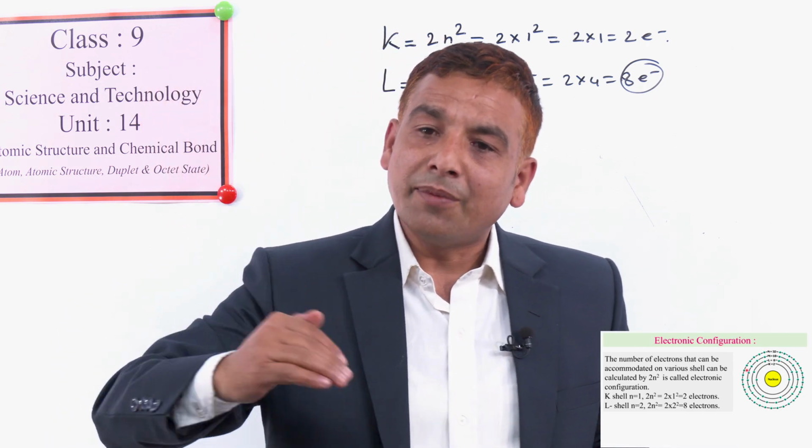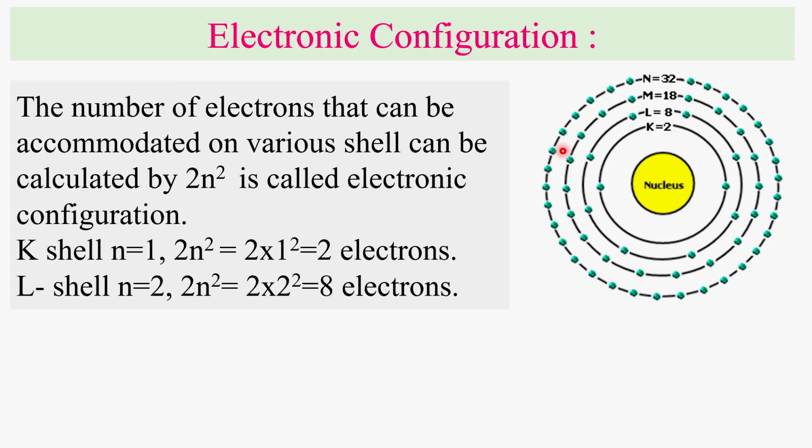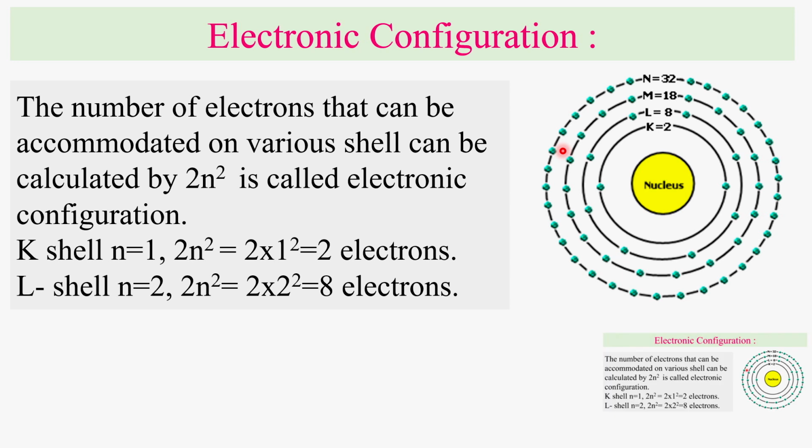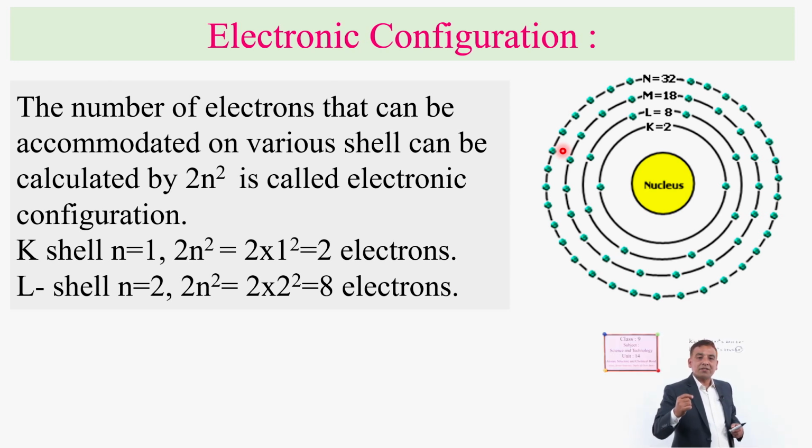By the same way, if you are going to calculate the total number of electrons to be accommodated in the N cell as well as the M cell, it will be the same. So, this is the method to allocate the total number of electrons in the different energy levels, that is different orbits.